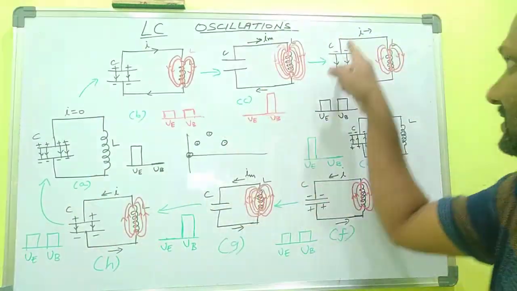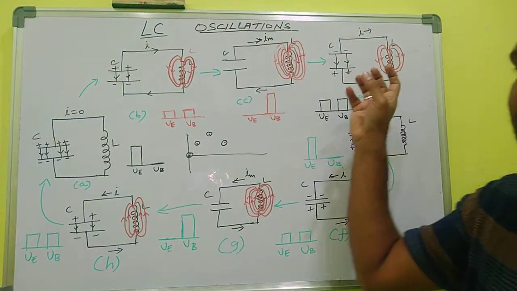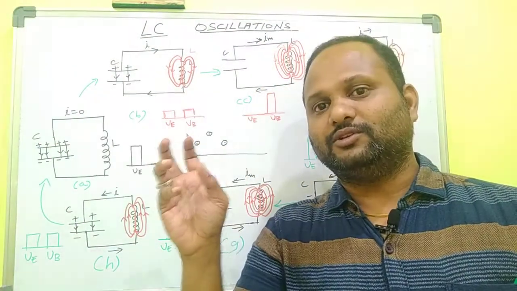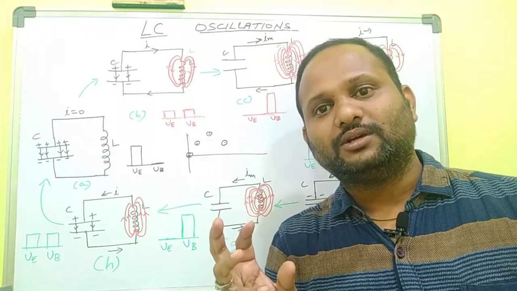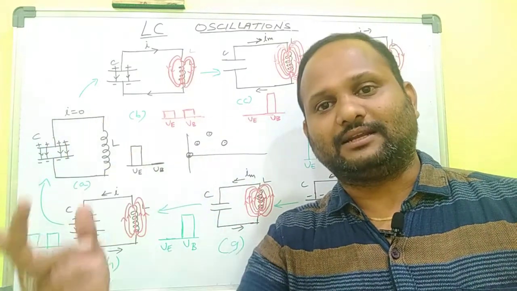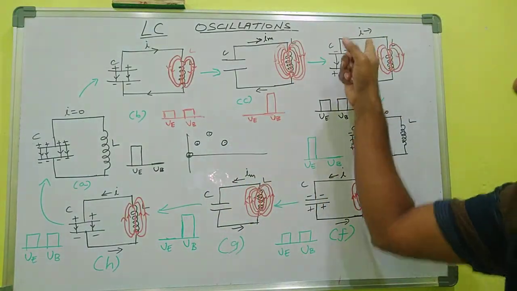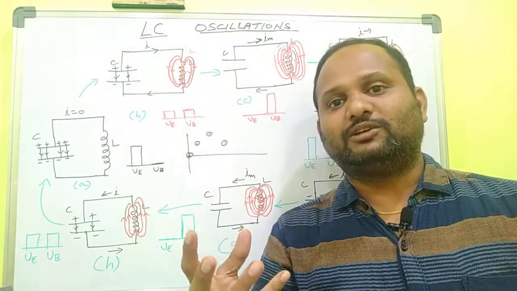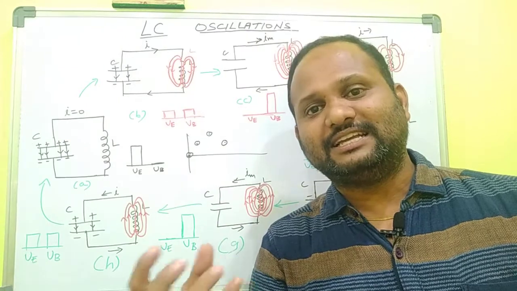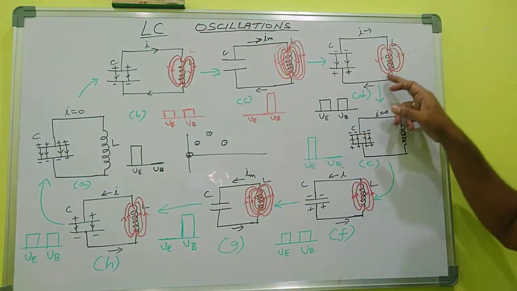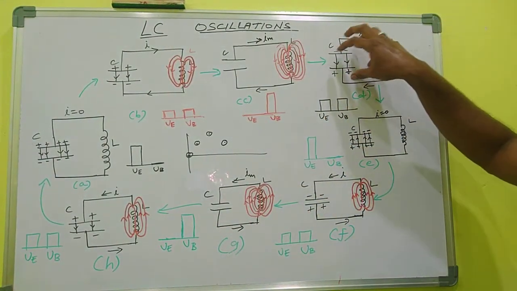So here the current is decreasing, so the induced EMF due to self-induction tries to decrease the decay of the current. So the capacitor is charged in the opposite direction.